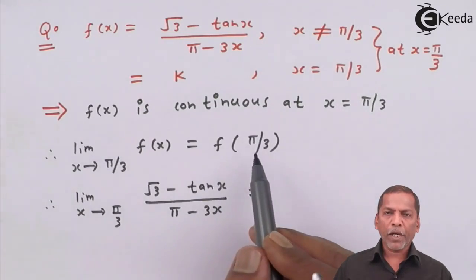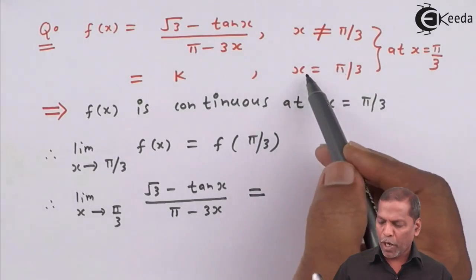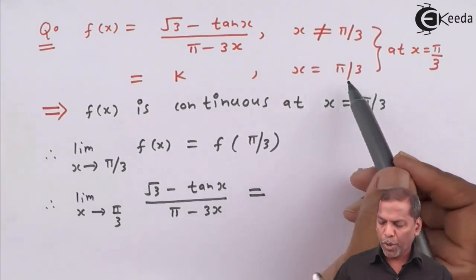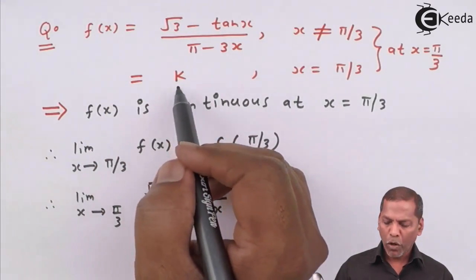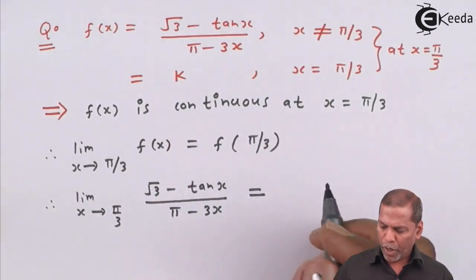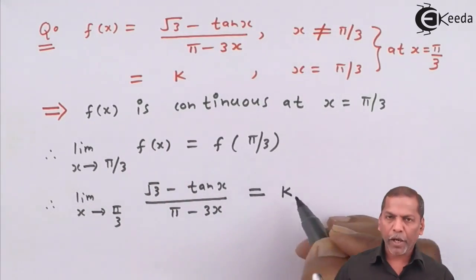F of pi by 3 means x equal to pi by 3 gives f of x is equal to k, and therefore f of pi by 3 we have to replace by k.